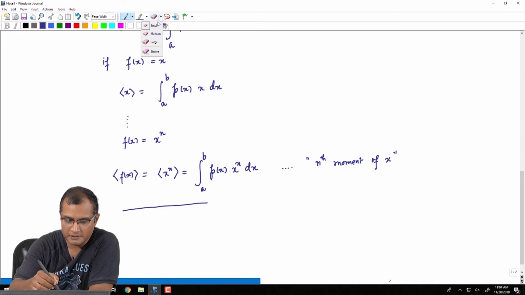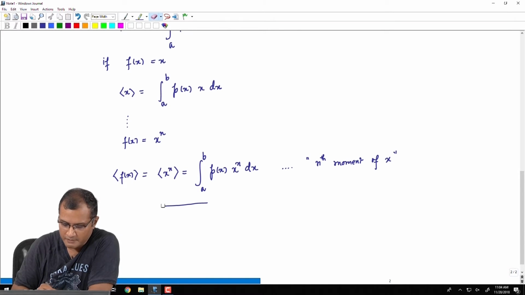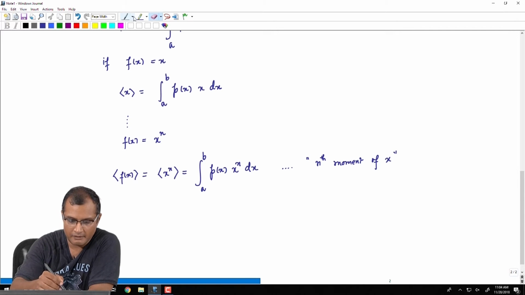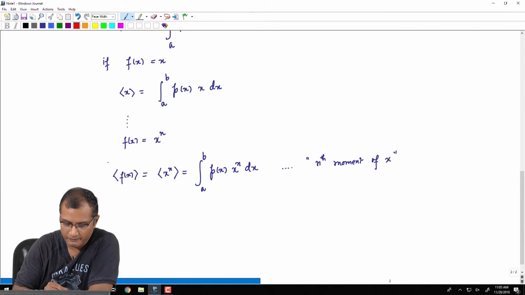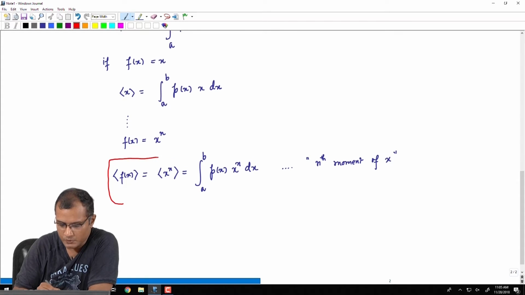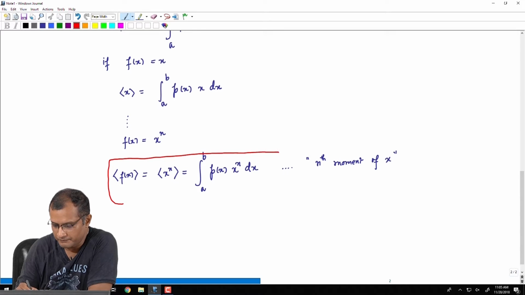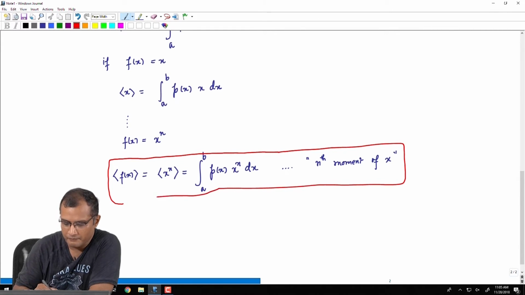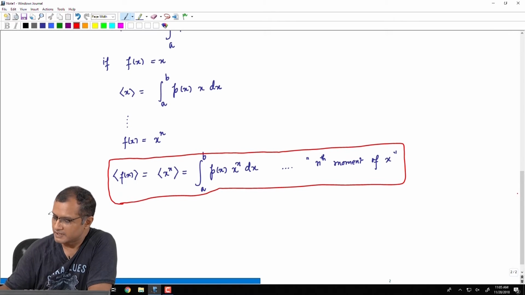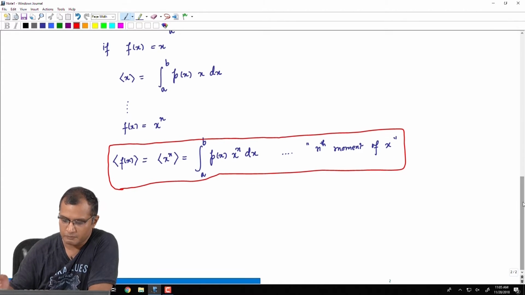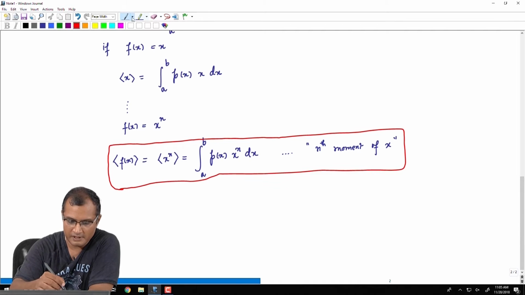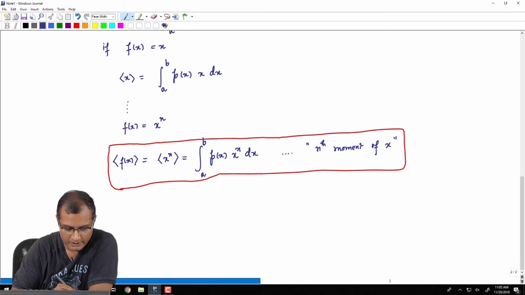So, let me record it, and we will compare this with the alternative. Okay. So, this is the formula for the nth moment, and today we will discuss an alternative formula, one that is more powerful, through the method of generating functions, okay.